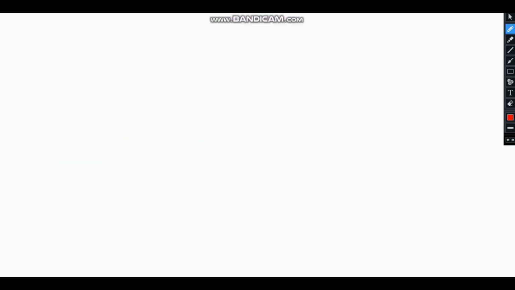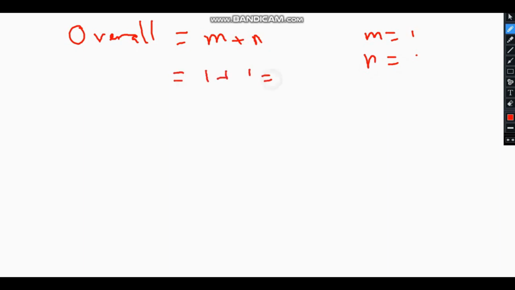To get the overall reaction order, we basically add the powers which we have found. We calculated m and n, and found that m is equal to 1 and n is equal to 1. So 1 plus 1 gives us 2.